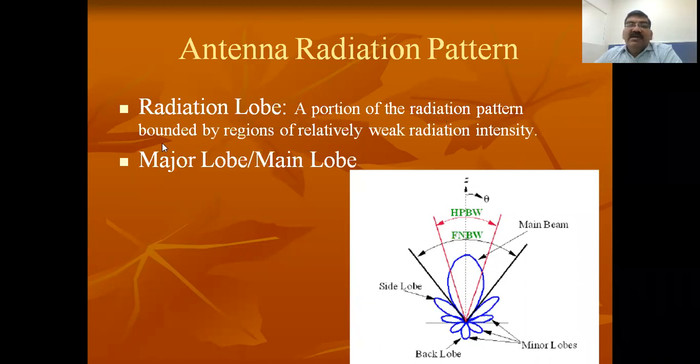It is a portion of the radiation pattern bounded by regions of relatively weak radiation intensity. We have taken a particular intensity: beyond this it is very weak intensity, and inside this it has high intensity. Whatever boundaries I make here this way, this is called the radiation pattern.